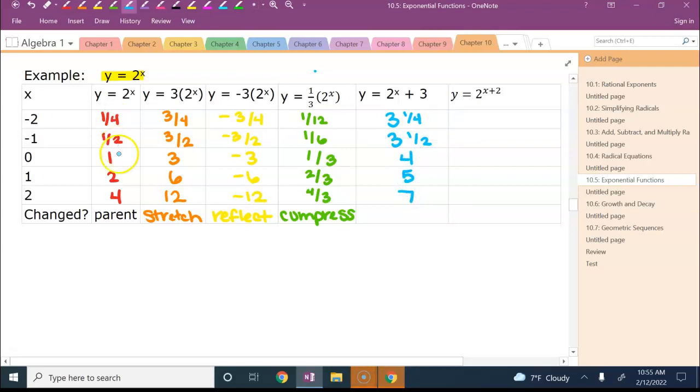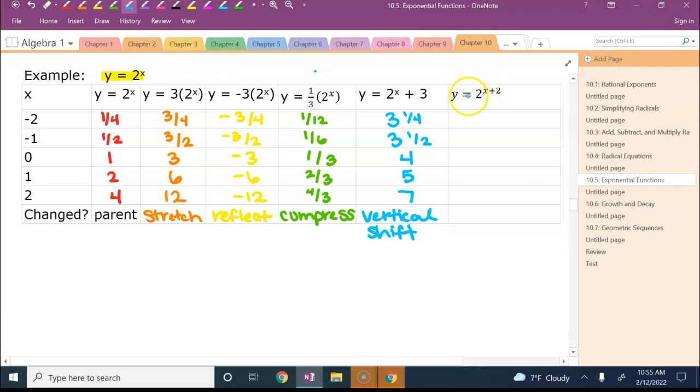So if you look at the parent graph points compared to these, they all added 3. Like 1/4, 1/2, 1, 2, 4, all of those added 3 to get these new numbers. So because it has that plus 3 on the end, that's going to be a vertical shift. So it's going to move it up or down. If it had been subtracting, it would have moved it down. But this one is adding 3, so it's going to push your graph up 3 points.